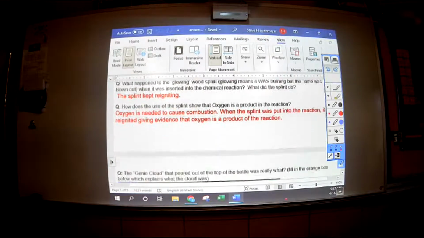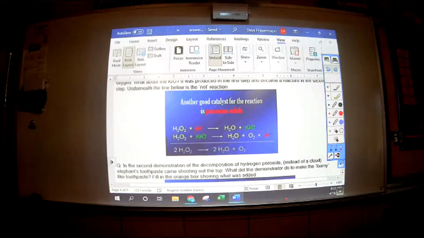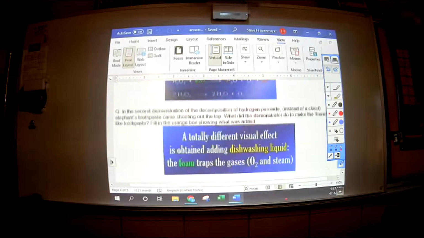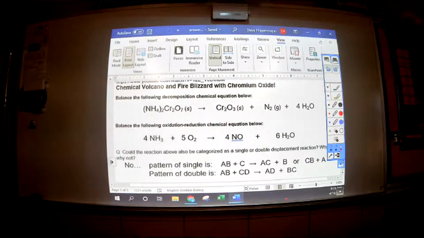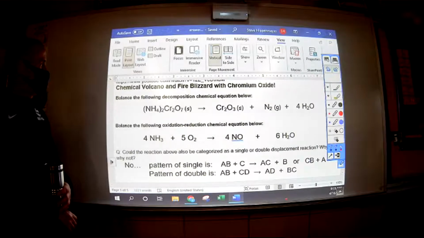If you did try the next ones, this was the fantastic explanation of what catalysts are, how catalysts work. But here are the two reactions that we looked at: the chemical volcano and the fire blizzard with chromium oxide.